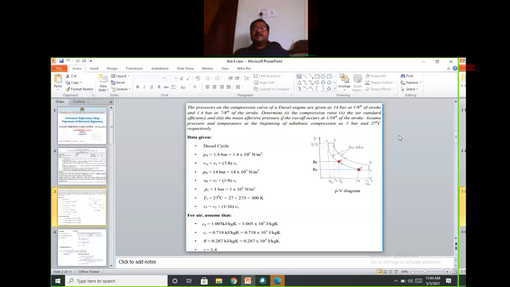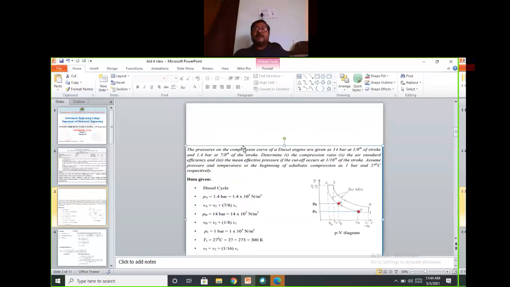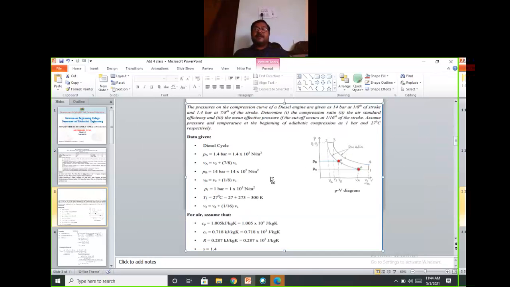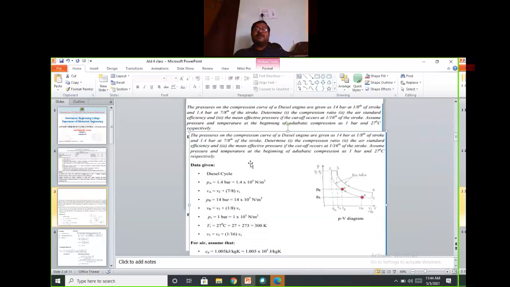Okay, here is one problem. We'll take this. The pressure on the compression curve of the diesel cycle is given as 14 bar at 1/8 of the stroke and 1.4 bar at 7/8 of the stroke.